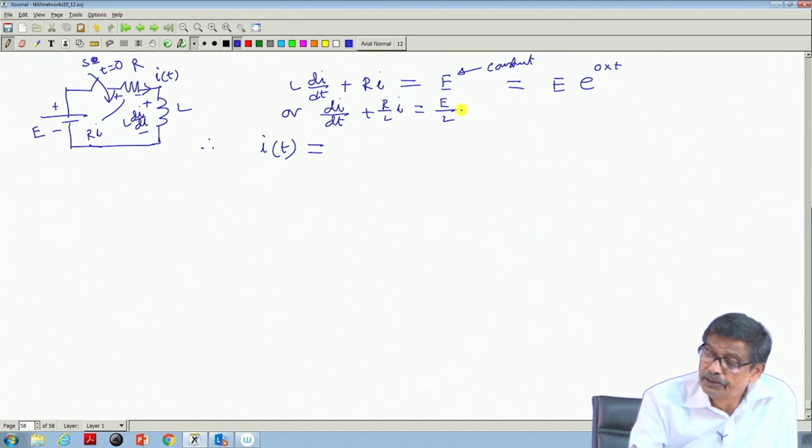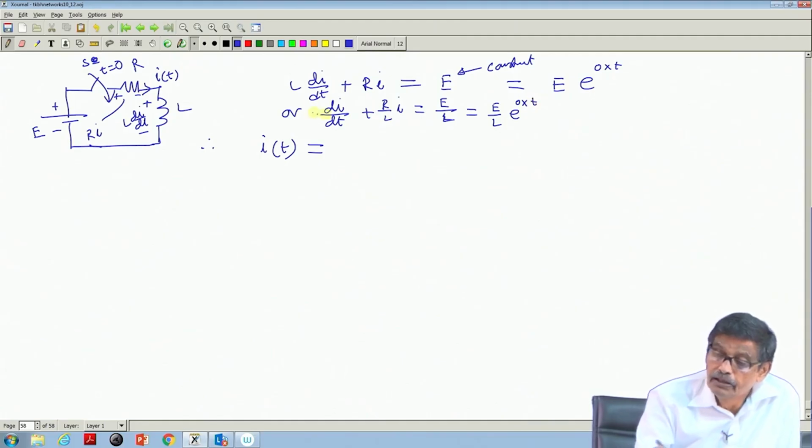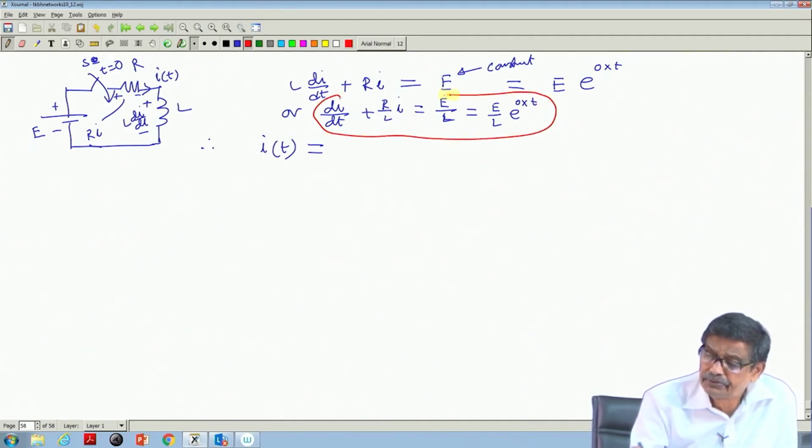So, E by L, not 2, and this is equal to E by L, this constant number, E and L are constant, e to the power 0 into t. So, this is the differential equation in the form you try to express.